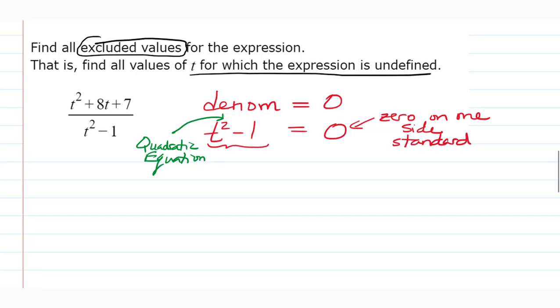If we try to factor the left side, we see that we have no greatest common factor between the terms, and we have two terms, which means that it either has to fit the pattern of a squared minus b squared, a cubed minus b cubed, or a cubed plus b cubed in order for us to be able to factor over the integers. So we recognize that it is a difference.